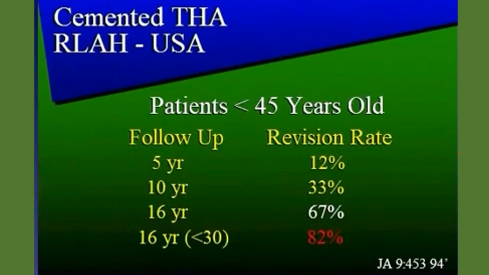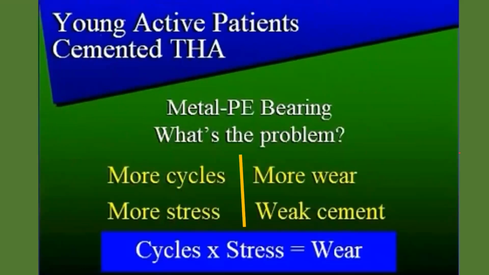And in the young, we know that the revision rate is 82%. It's a non-biologic technique. You get the patient, you put in a cemented total hip, and the patient is young. The revision rate is very high because it's not biologic. Keep this in mind as rule number 1.